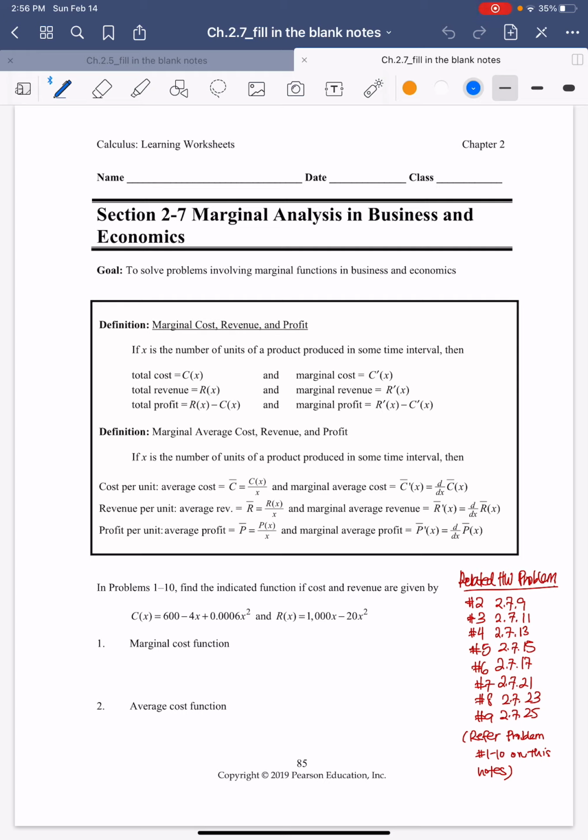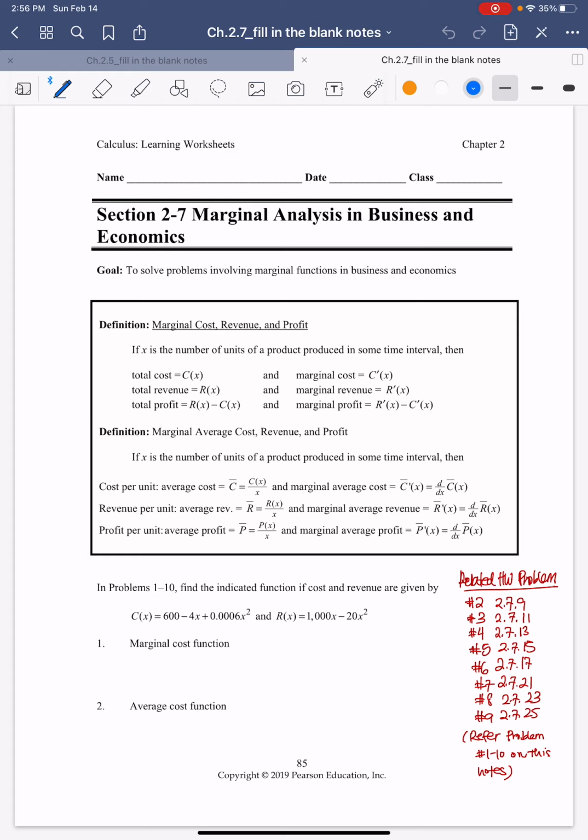So these notes put it into one page, where they list out all those functions and how to find the marginal cost function, average cost function, or marginal average cost function.